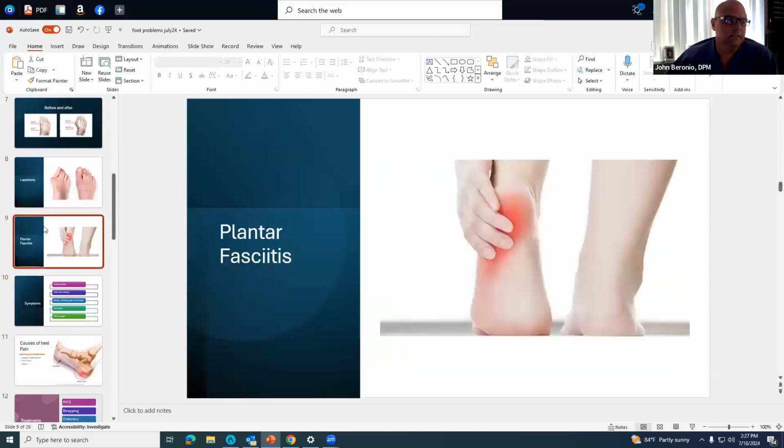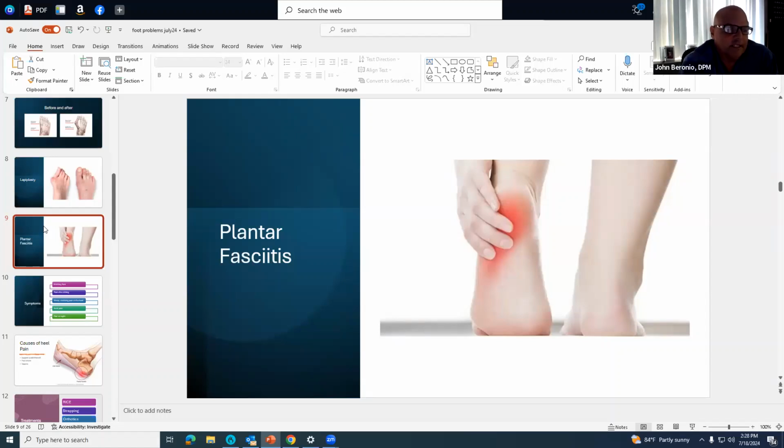Now our next common ailment that we see, and this is probably about 50 to 60% of the patients that we see, especially in the summer, is what's called plantar fasciitis. If you've ever woken up in the morning, put your foot down, go to step to go to the bathroom, and felt a stabbing pain within your heel, most likely you have plantar fasciitis.